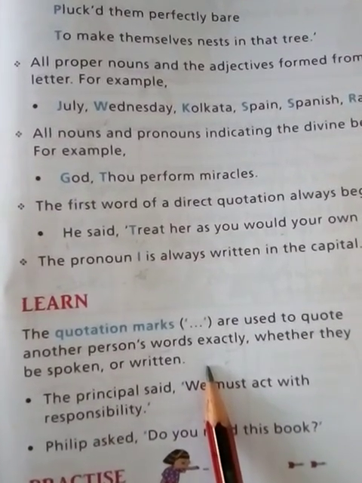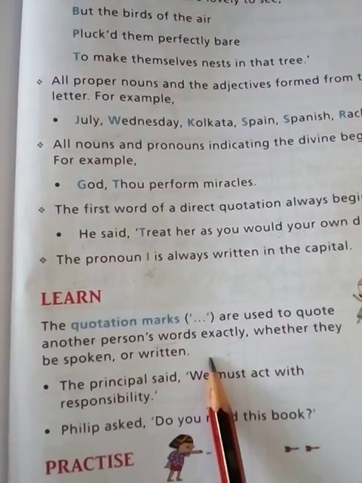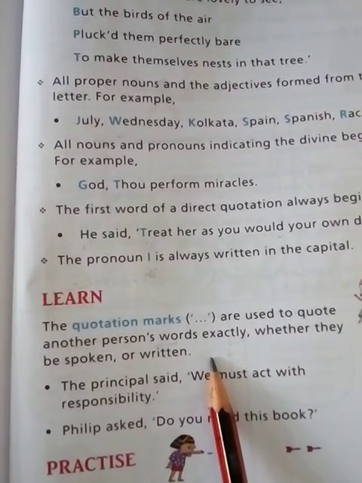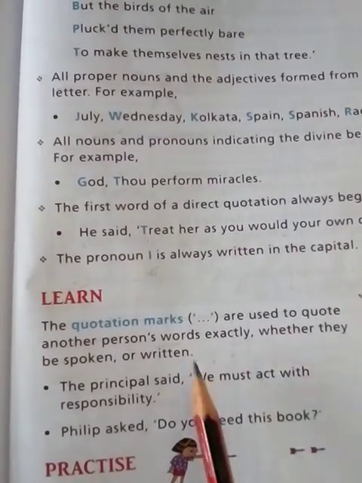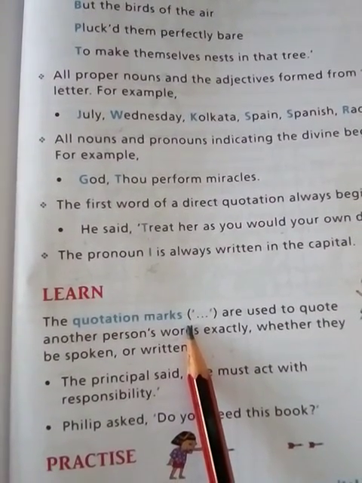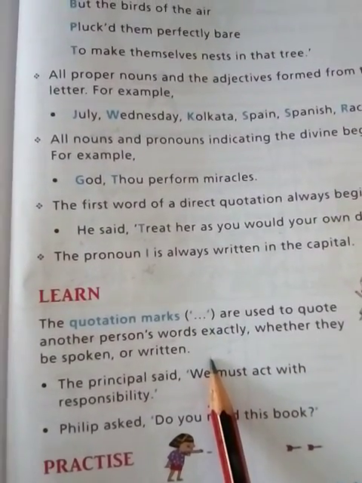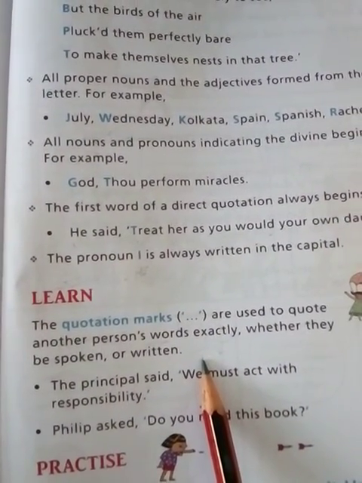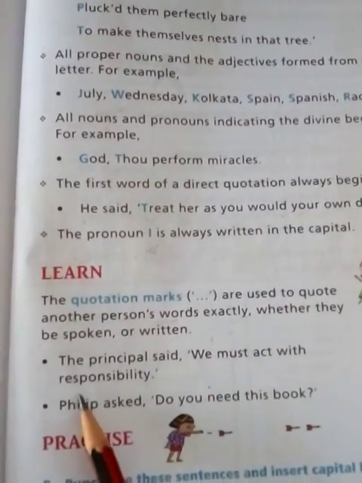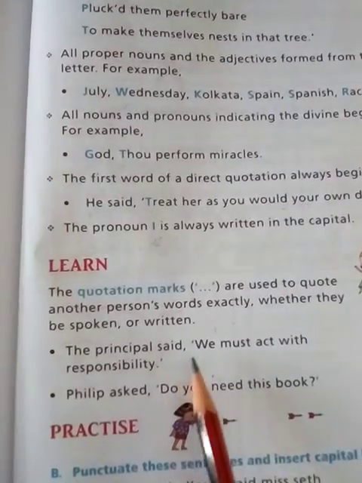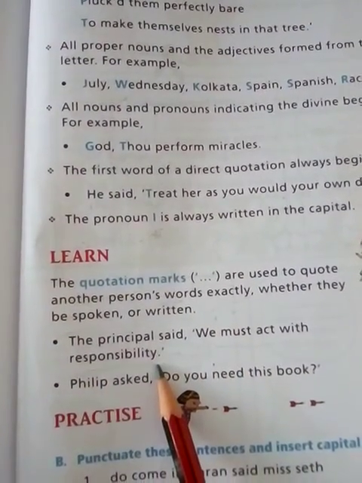When we write a direct sentence, the speaker's exact words are put under quotation marks, and it may be in single or double quotation marks. It gives the meaning that these are the exact words of a person, or you can say the speaker. Here the example is, the principal said, "We must act with responsibility."